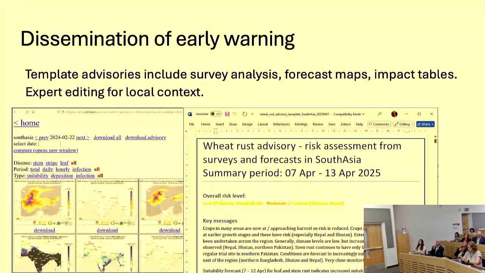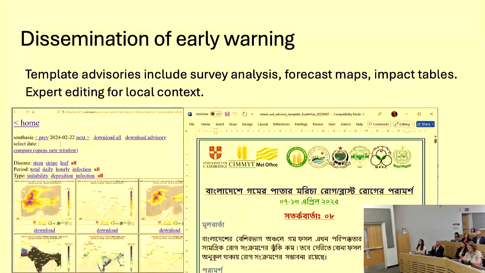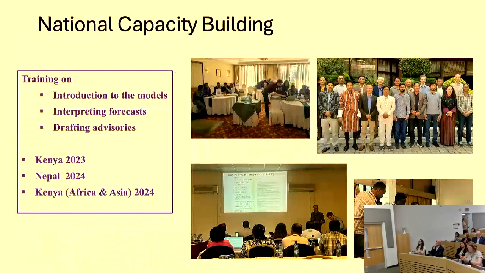That means it's ready for expert editing for local context, things that you can't really automatically put into risk alerts, thinking about what the state of the crop is, or what other weather conditions there might have been, or aspects to do with the pathotypes or the cultivars that year. And in many cases they'll be translated as an immediate next step before being transmitted further.